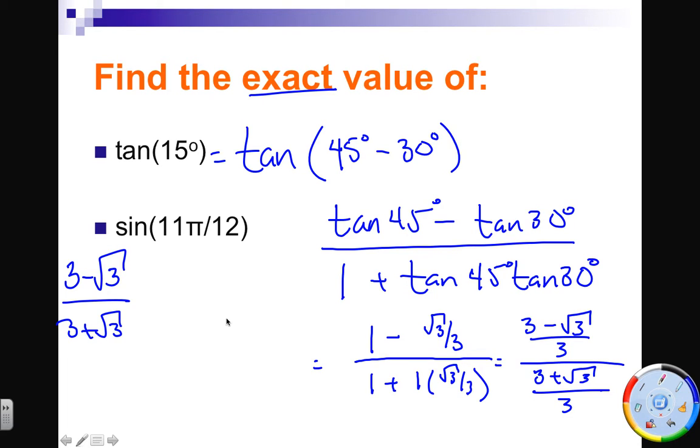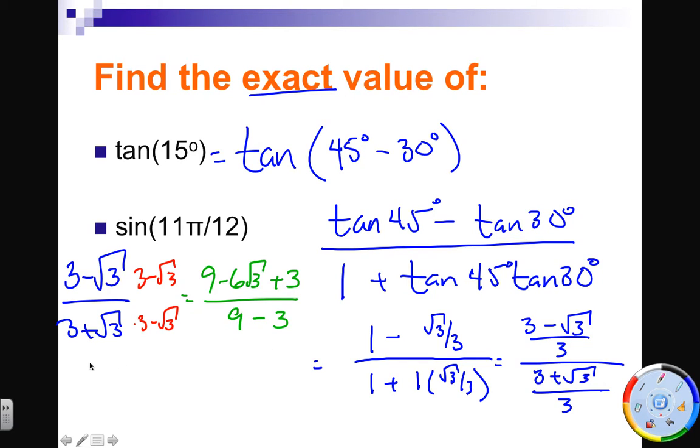And some of you are saying, I hope he stops right there, but I'm not going to because I want you to actually simplify this. I'm going to multiply by 3 minus radical 3 over 3 minus radical 3. You remember conjugates get rid of the radicals there. So I get 9 minus 6 radical 3 plus 3 all over 9 minus 3.